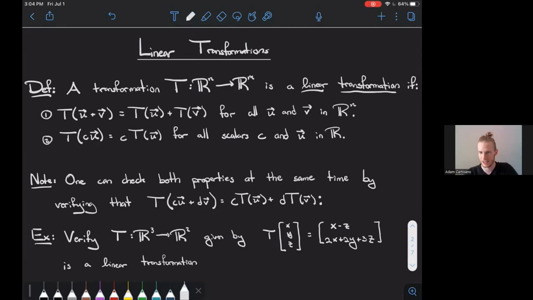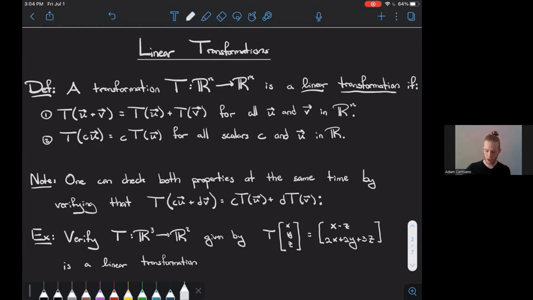However you want to parse this, it's very difficult to say this wrong. The best way to say this is that a transformation is a linear transformation if it preserves linear combinations.